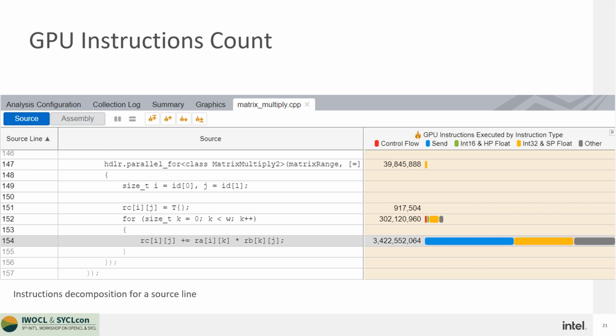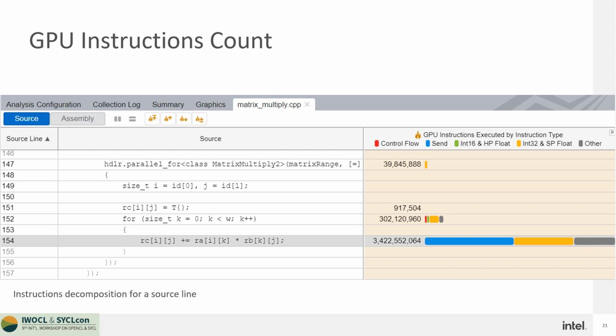And when you switch to the source view by double-clicking on any function name, you will get into the source view and the instruction decomposition against each source line, which helps you to figure out what instruction sets were generated for each implementation or each source line for your kernel.